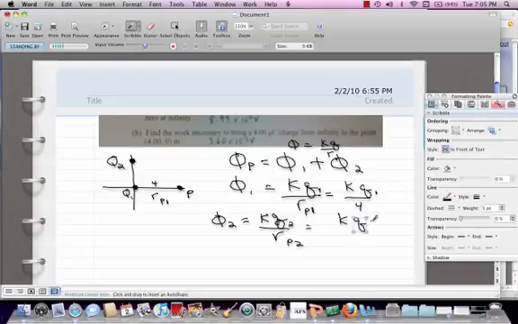So KQ2 over RP2, which is this vector right here. And how do I figure this out? I know that the distance from the origin to Q2 is 3.